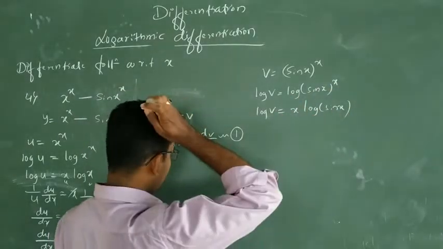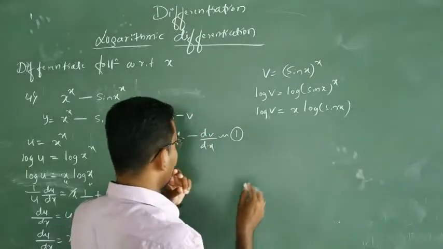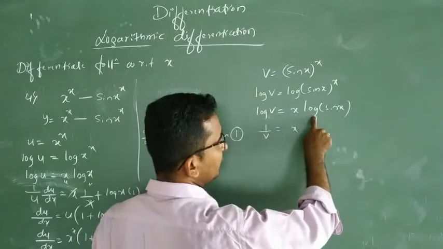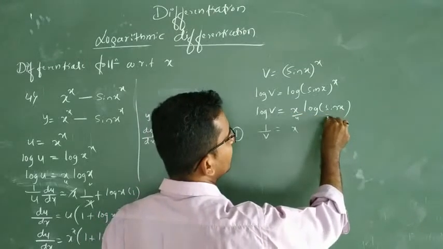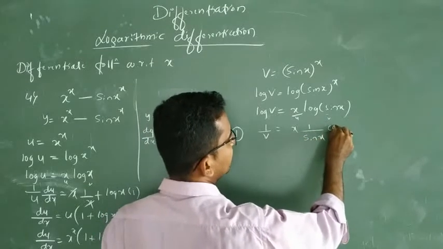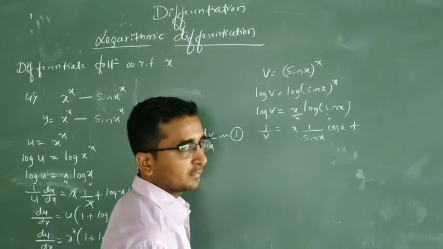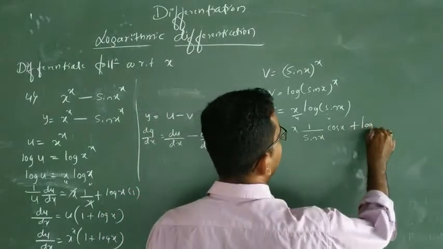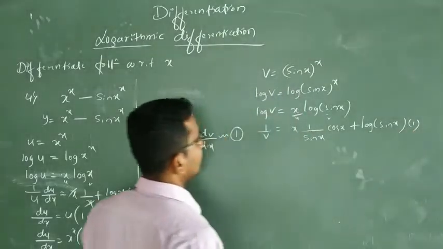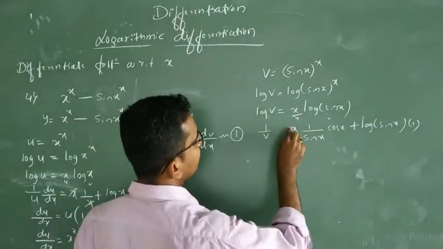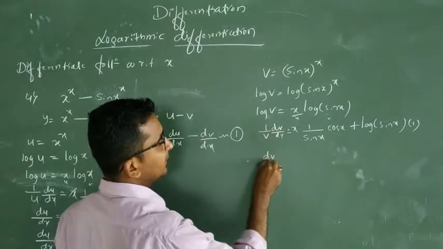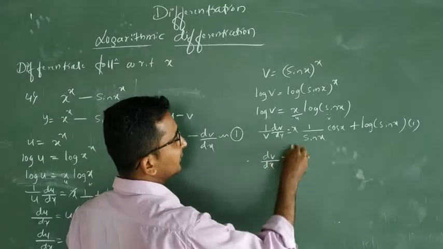Applying the differentiation with respect to x, then it is 1 by v dv by dx is equal to u into v. This is u, the whole term is v. The differentiation of log of sin x is 1 divided by sin x, and sin x differentiation is cos x. Then plus, write log of sin x as it is, the differentiation of x is 1. Then dv by dx is equal to, take v to the RHS.